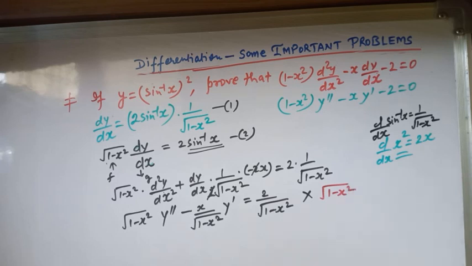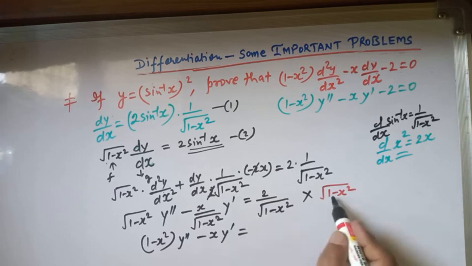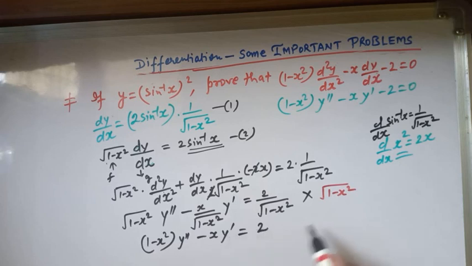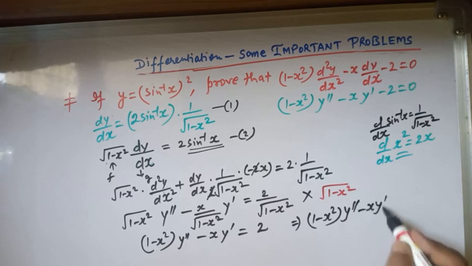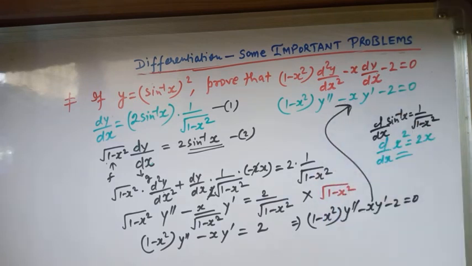So here's what we will get. This term will become 1 minus x square, y double prime. Here it gets cancelled, so we have x multiplied y prime, and here again this term will get cancelled, and we have 2. Now we take this 2 to the left hand side. So we have (1 minus x square) y double prime minus x multiplied y prime minus 2 equal to 0. So this is the required result. Clear?